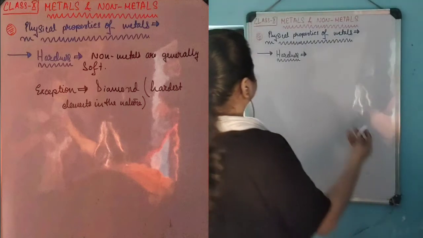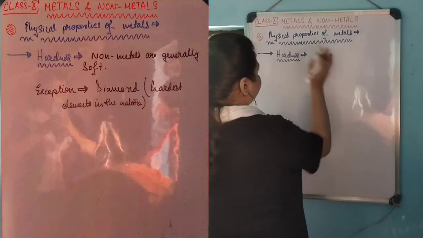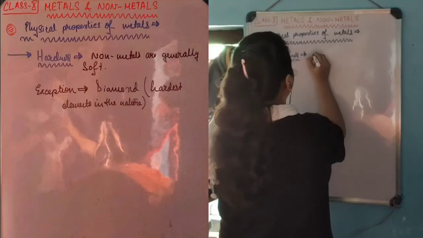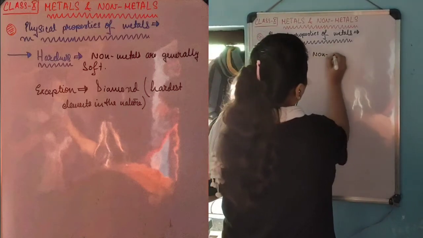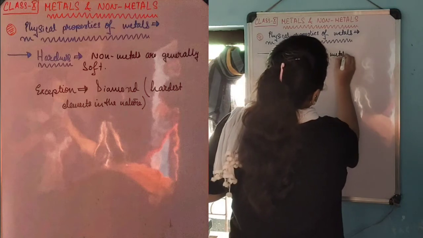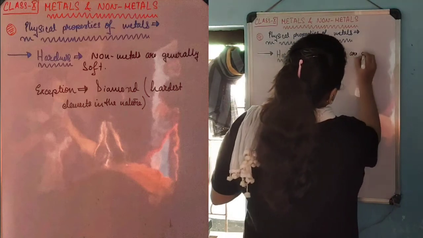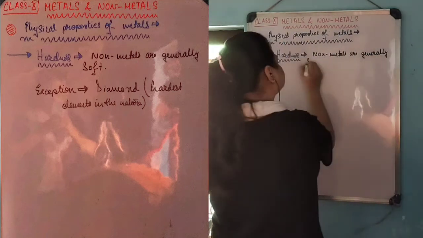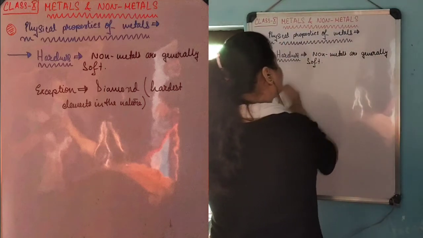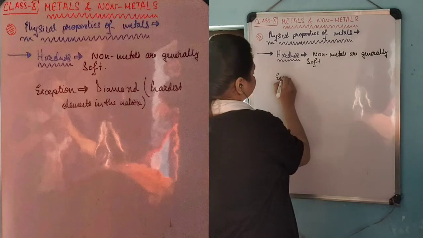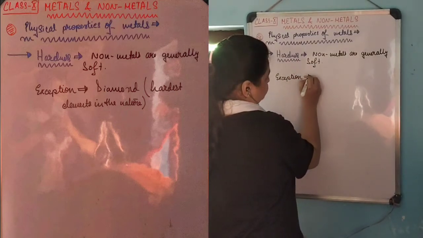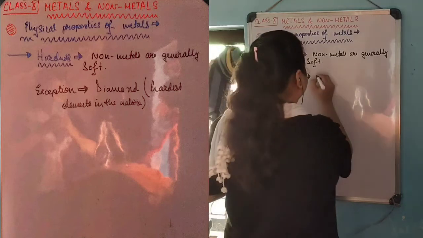If I have to write down the property of hardness, the first thing that I can write is: non-metals are generally soft. The exception is diamond, an allotrope of carbon.